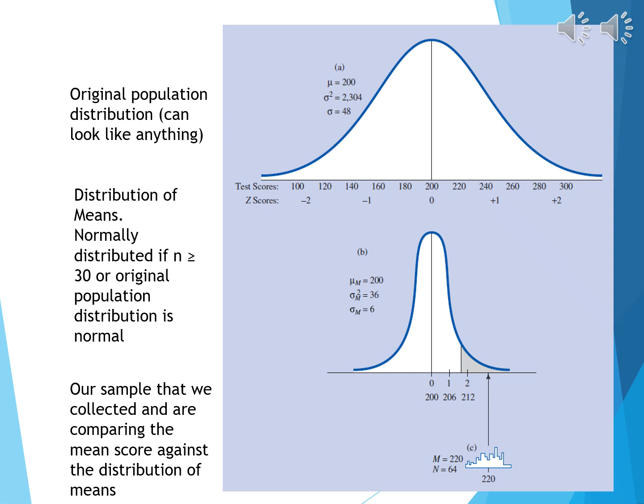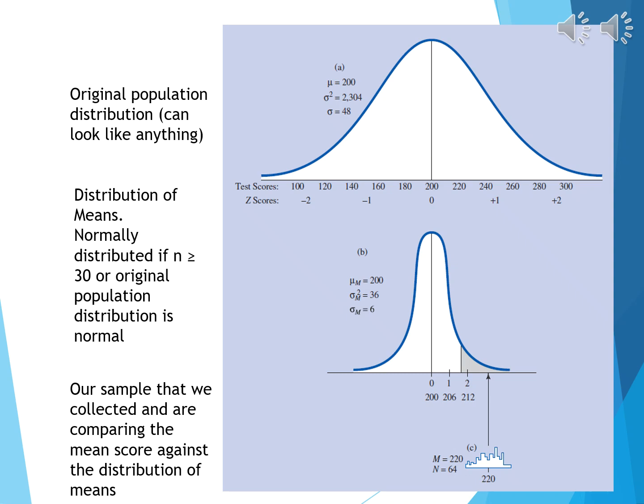If you already know, for instance, the mean of the population and the standard deviation of the population, which we would if we were looking at GPAs of all CU students, because we actually can look at the GPA of all CU students and find the mean and the standard deviation, you also can instantly know the mean and standard deviation of the distribution of means, because the mean of the original population is the exact same as the mean of the sampling distribution of sample means.